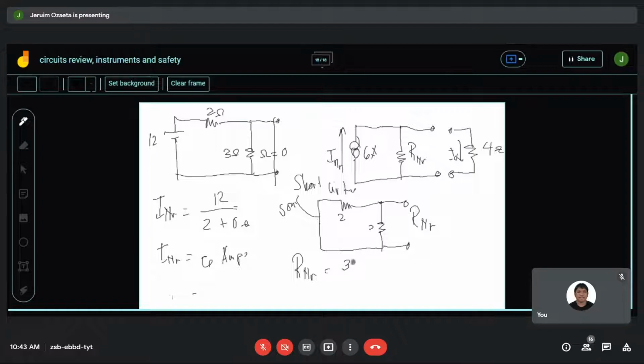So 2 by 3 over 2 plus 3 equals 1.2 ohms. Di ba? 6 over 5, 1.2 ohms. So we can now put the value, this is 1.2 ohms.